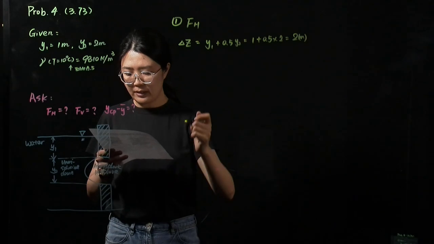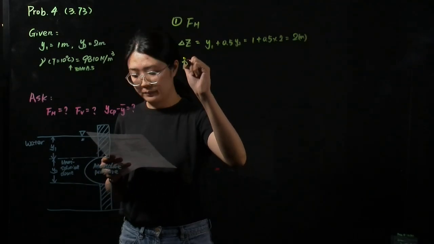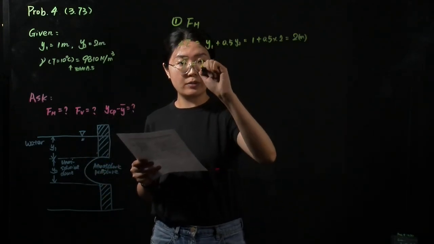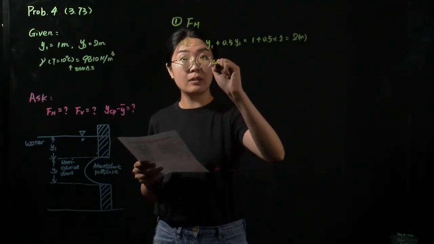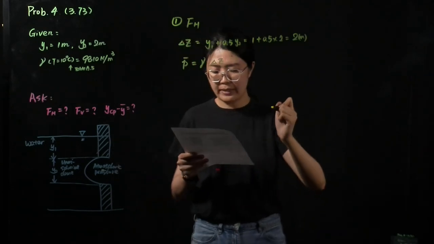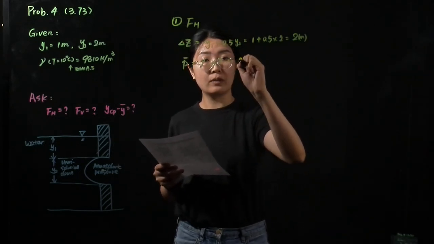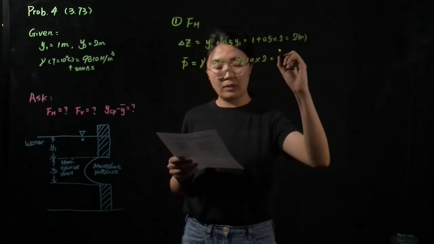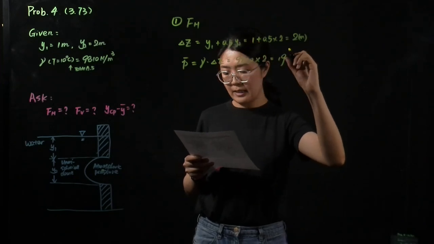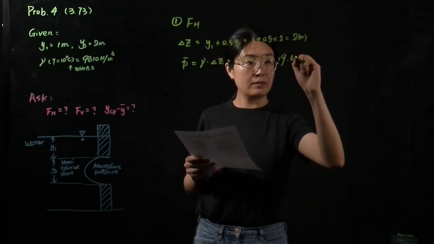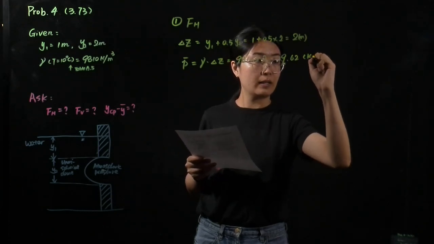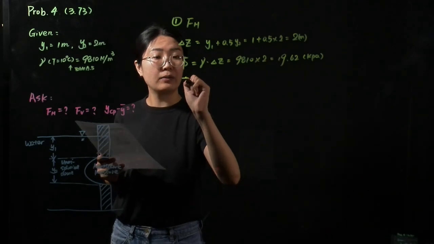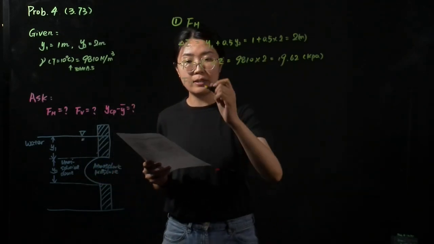And then we calculate the hydrostatic pressure at the centroid, P bar. It equals the specific weight of water times the depth of centroid, 9,810 times 2, which equals 19.62 kilopascal. And then we calculate the horizontal component of force.